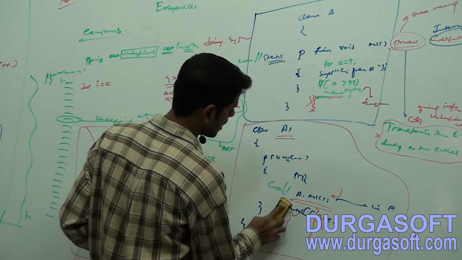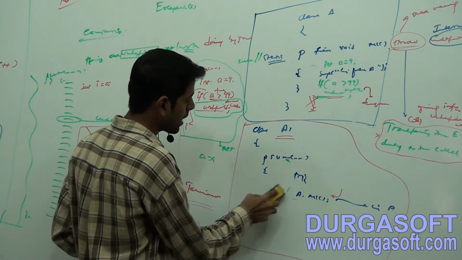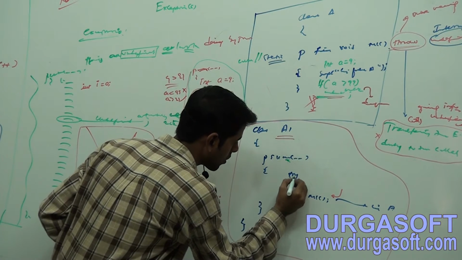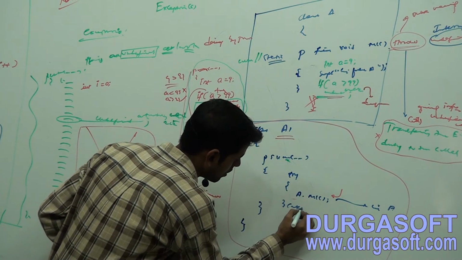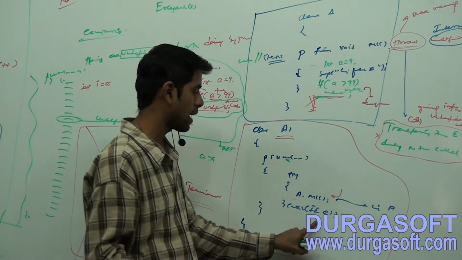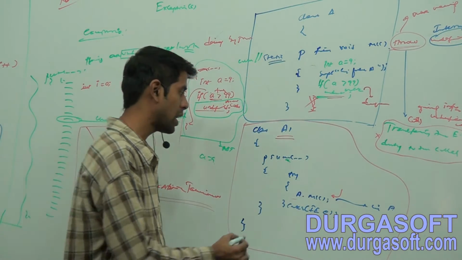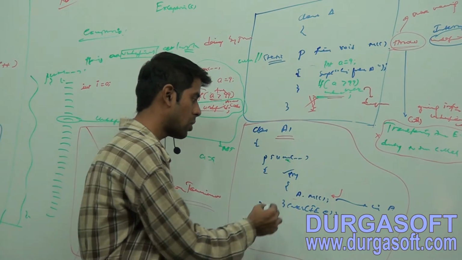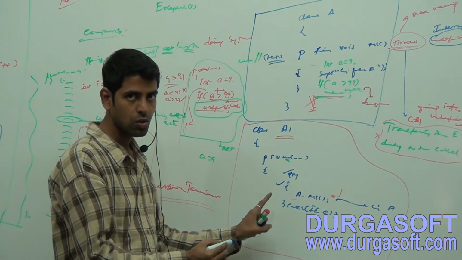This is the syntax. I am accepting your undefined activity code. Okay, no issues. To accept that undefined activity code, you have to maintain the try word, that is a reserved word, followed by opening scope.